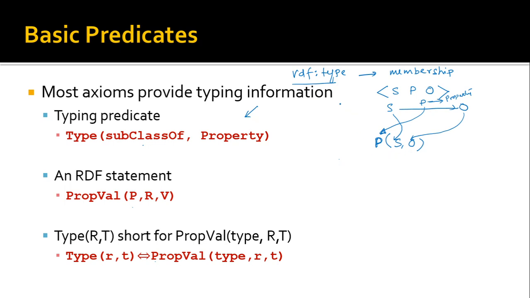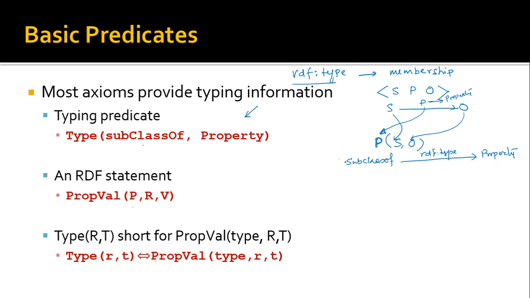Now take a statement which says that subclass of is an RDF type property. You can see that we are not using the prefixes in many places, assuming that you understand what the prefixes would be.